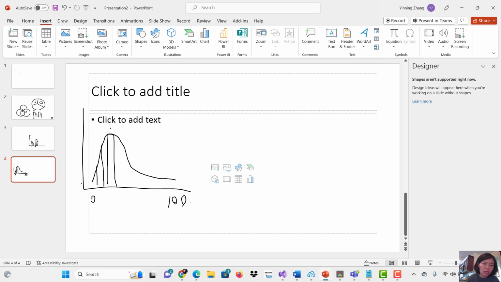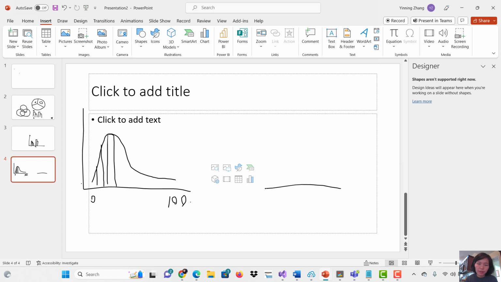Skewed right means there are more students who have the lower scores, and only a few students have very high scores, which is not a good result compared to another class.